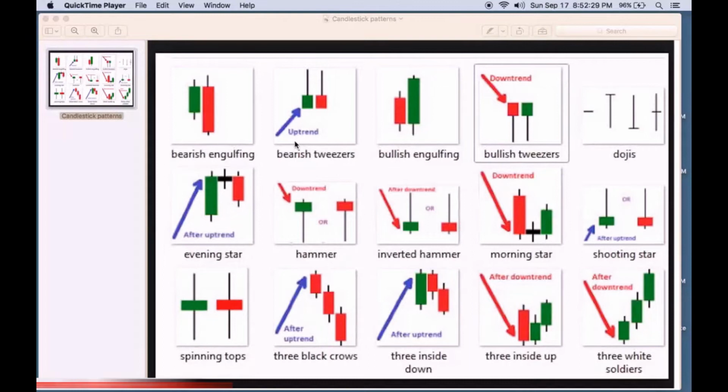Now, candlestick patterns is an iffy topic for me, only because I don't really use them anymore. If they happen in alignment with the rest of my analysis, then of course it's like an extra confirmation. But candlestick patterns are really relative, right?